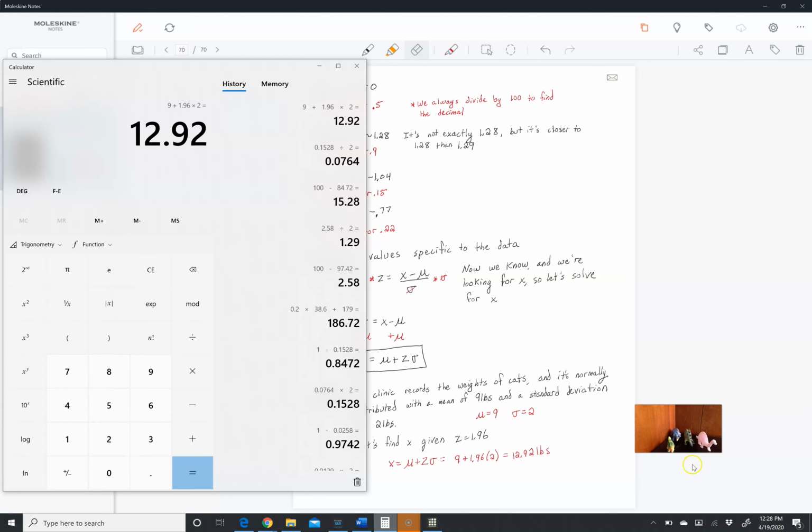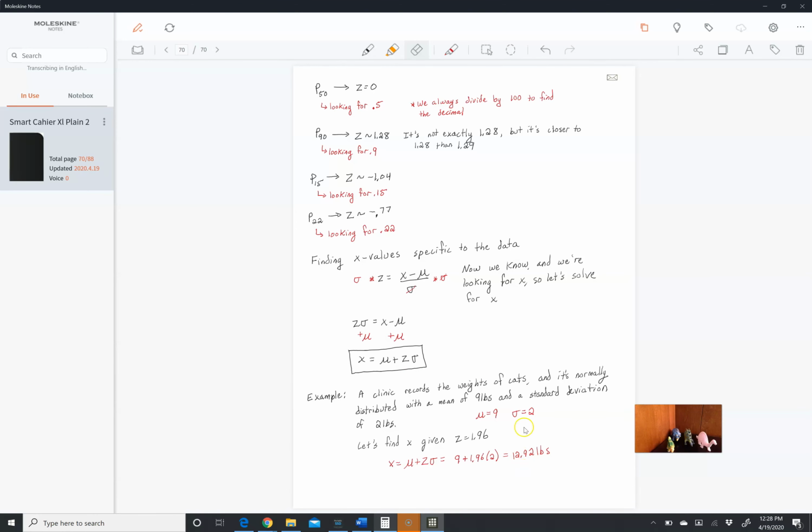Okay, so this is an x value, which means that it is a measurement. It's saying when you have a z-score of 1.96, which is positive, it's actually more than 5%, obviously. It's 97.5% that I'm taking. How did I know it was 97.5? I'm taking it from an old problem.